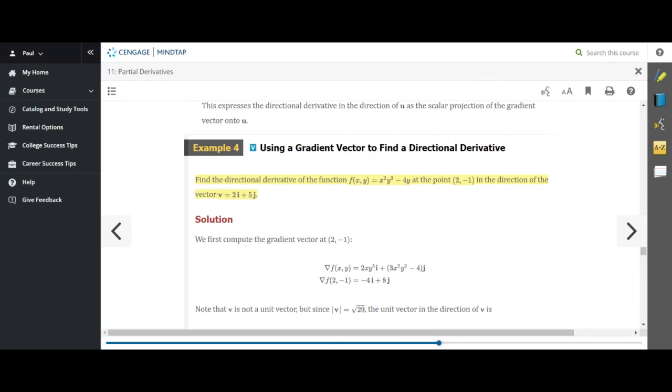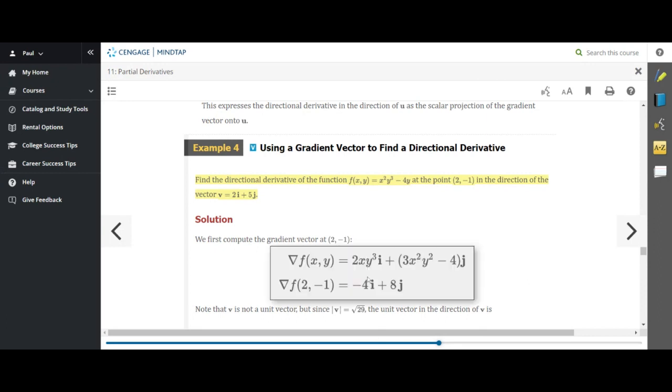So first, we're going to compute the gradient vector. The gradient vector they show you below, you're just computing the partial derivatives, getting the components of those, and then substituting in x equals 2 and y equals -1.